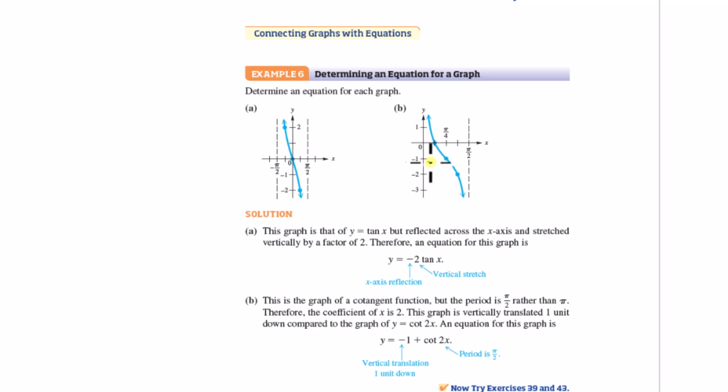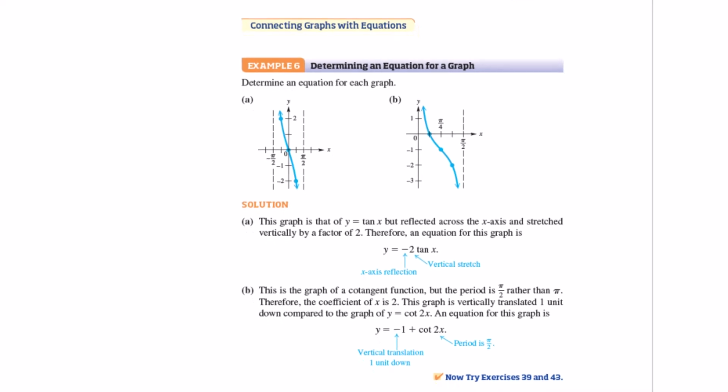You can see what the x is and what the y is, and with those points you can figure out how it's been stretched. We can tell by looking at this that this is cotangent, unshifted horizontally, not flipped, shifted down 1. So now just use the points to see how it's scaled vertically, and you can get the equation.